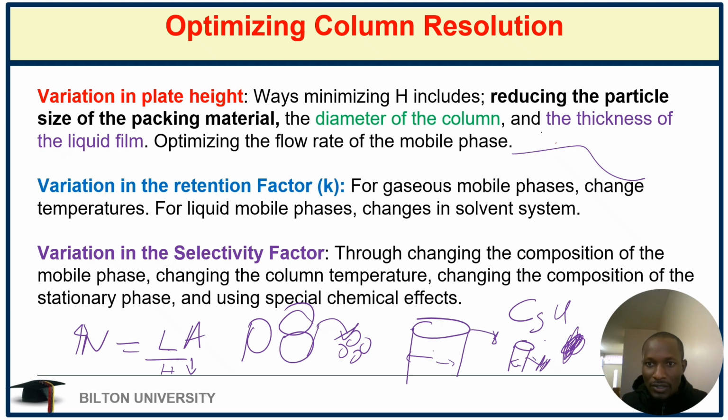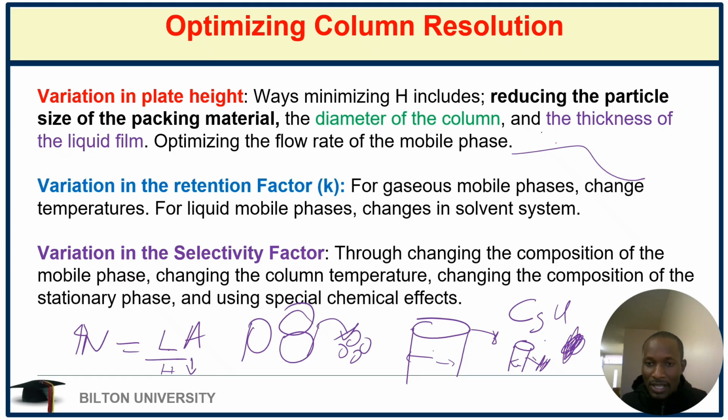So why do we need to change temperature for gaseous mobile phase? Here, for example, we are dealing with GC, gas chromatography, and gas chromatography is used for volatile and sometimes semi-volatile substances. So in gas chromatography, we have the column oven temperature.